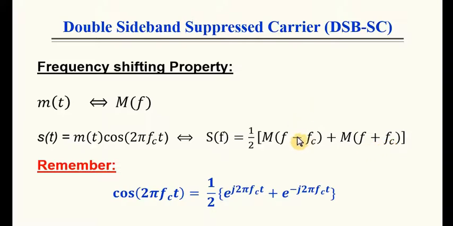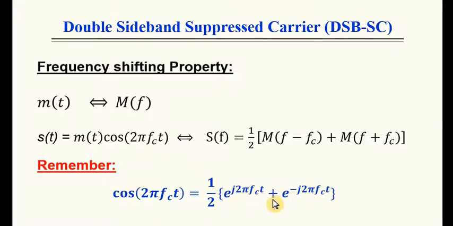That's why we revised the exponential properties and their transformation in the previous slide. As we said, cosine 2 pi fct can be represented by the Euler identity, which is half of e raised to j 2 pi fct plus e raised to minus j 2 pi fct.